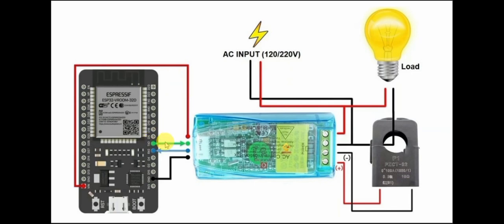The module communicates with the ESP32 using TX, RX, and ground wires. Pin TX of the module goes to pin RX of the ESP.